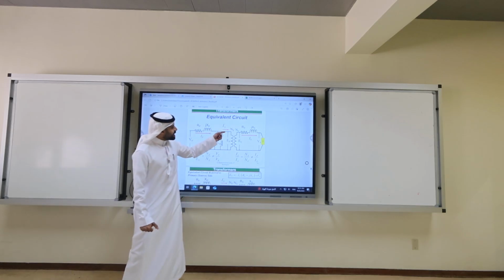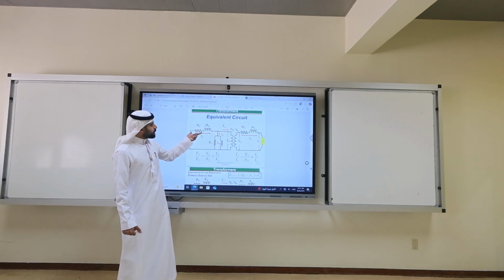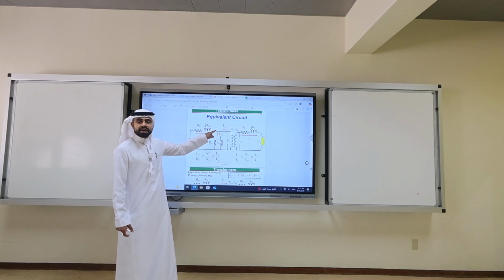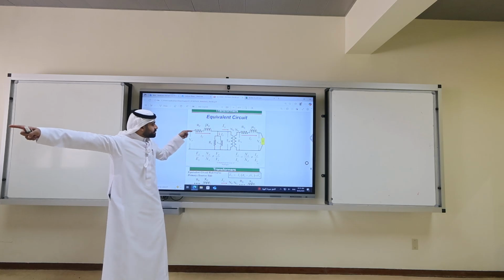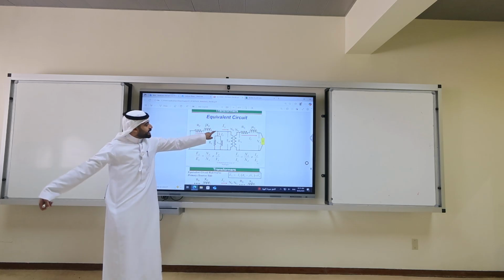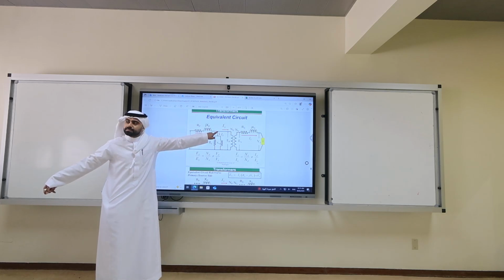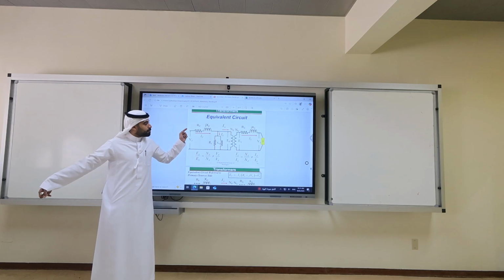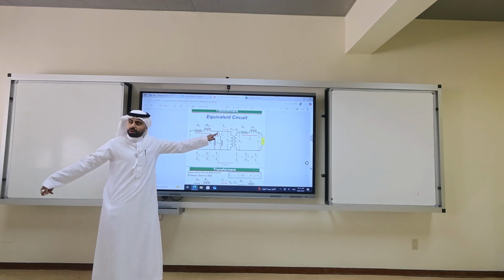So IS prime is not IP. Why? Because we have KCL here. What is the KCL here? Apply a KCL at this node. IP equals IS plus IE.